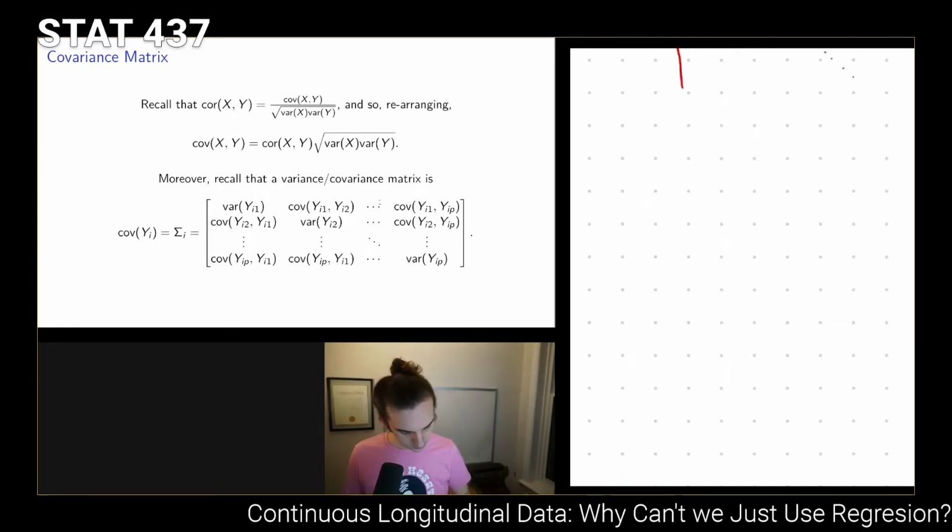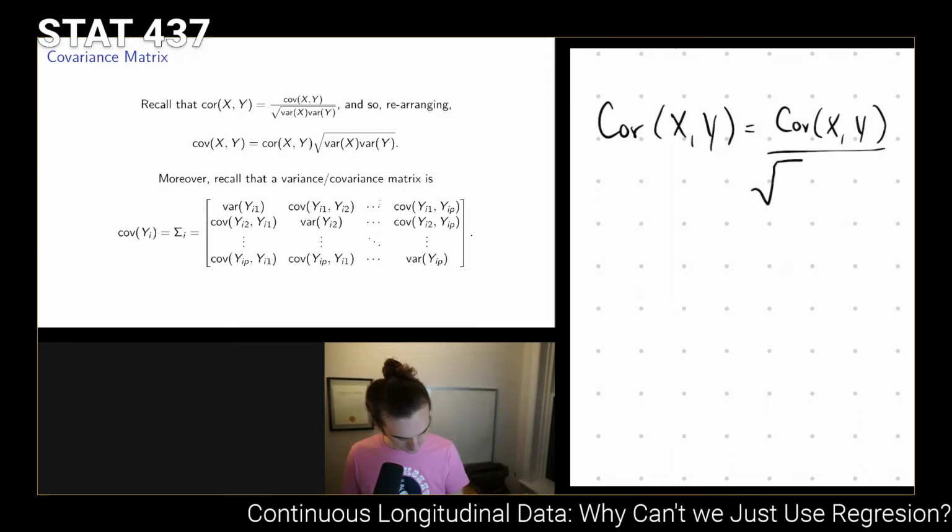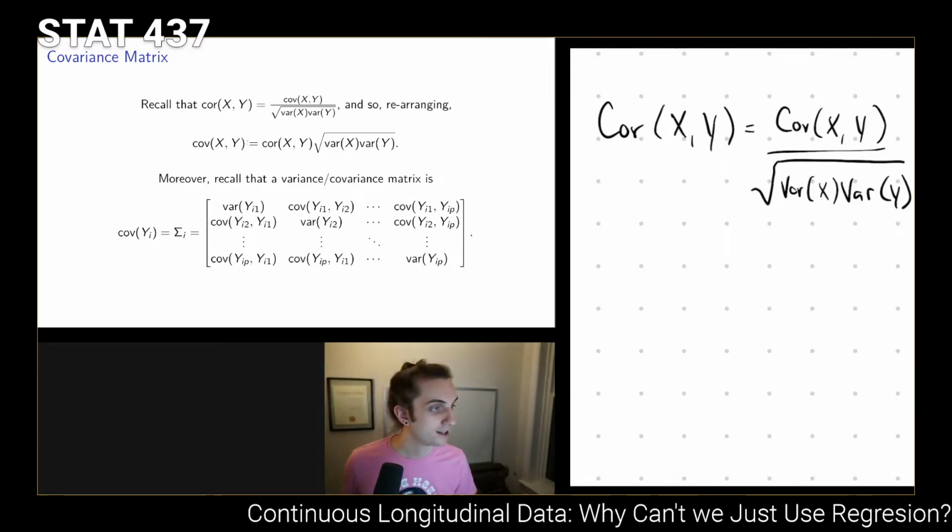If we have two random variables, x and y, remember that the correlation between x and y is given by the covariance between x and y divided by the square root of the variance of x times the variance of y. We can rearrange that, and we find that the covariance of x and y is given by the correlation between x and y times the square root of the variances. So when we're talking about accounting for correlation, you can account for covariance. It's exactly the same thing.